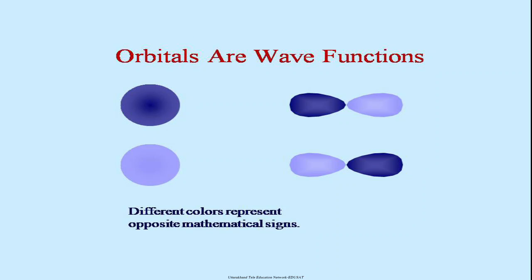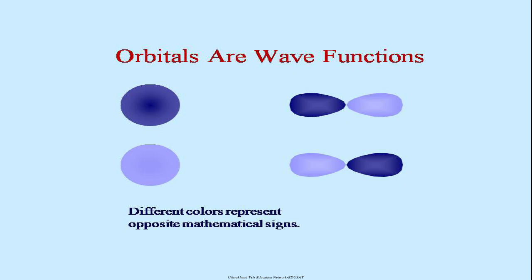These wave functions are of opposite sign. The s orbital can have two opposite signs, and the different colors show their opposite sign, whereas the p orbital can have opposite sign in the form of positive and negative values.